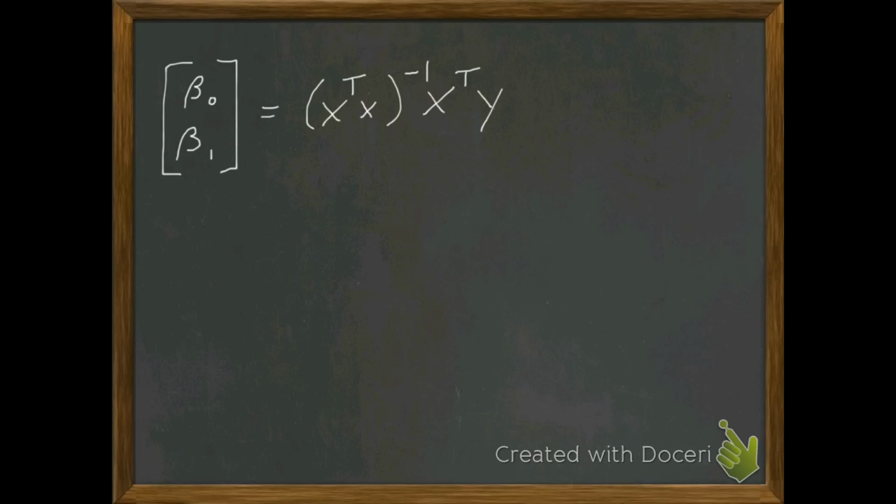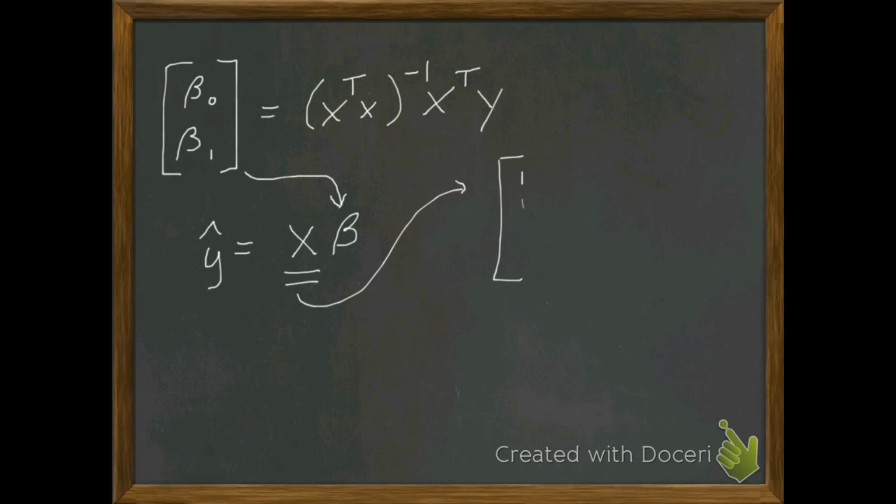We also saw that we can do the residual vector by taking x times b. So whatever we find right here, remember our x is our design matrix, and so far this just looks like this. And yes, Denise, the ones are important.